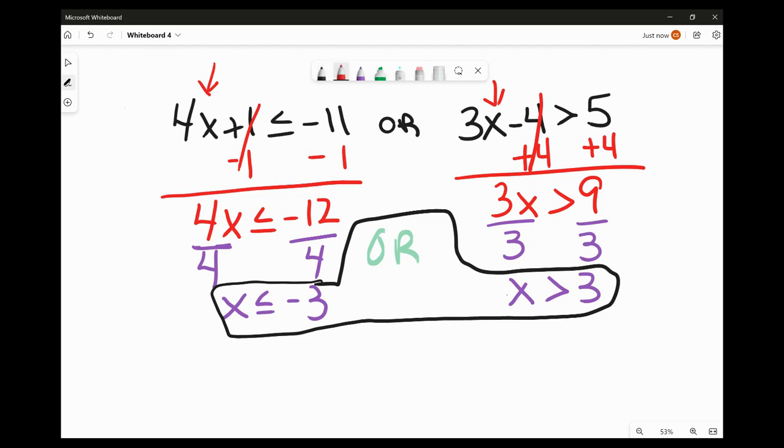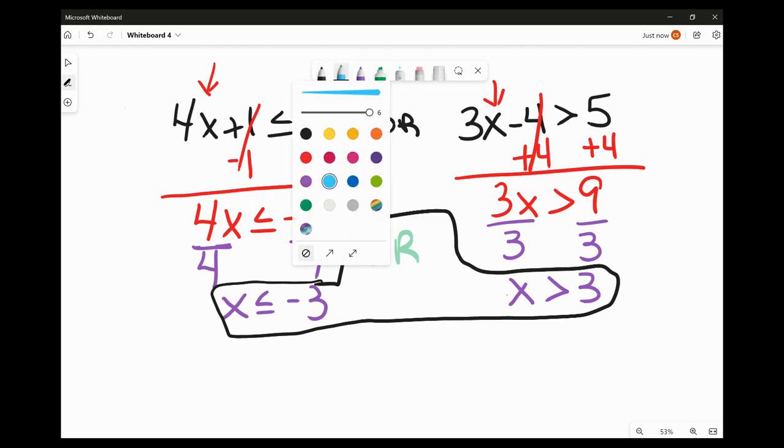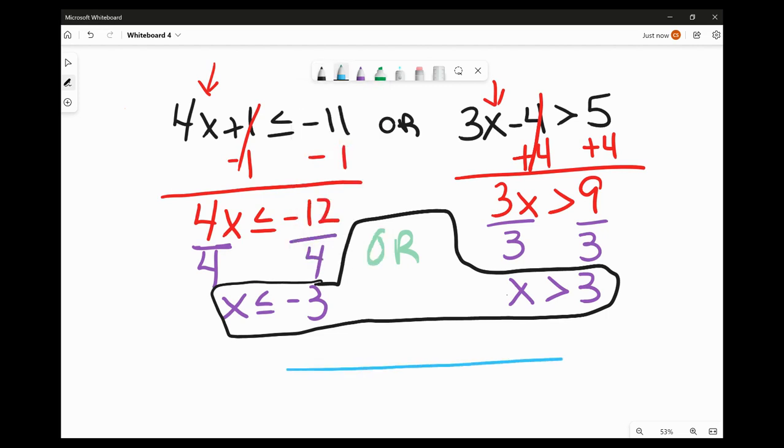And when I graph that, let's make it blue. If I'm going to graph this, I like to just put the two numbers. I have a negative 3 here, if you want to put a 0 in there, and a positive 3. If I'm going to graph x is greater than 3, it's an open circle because it does not include 3. It's not equal to, it's just greater than. And greater than would be all the solutions that are bigger than 3, so it goes to the right.